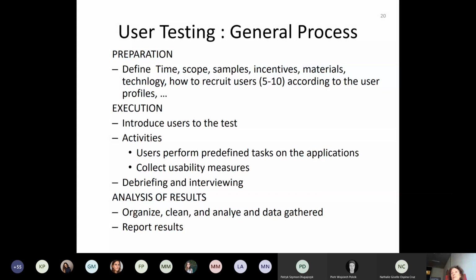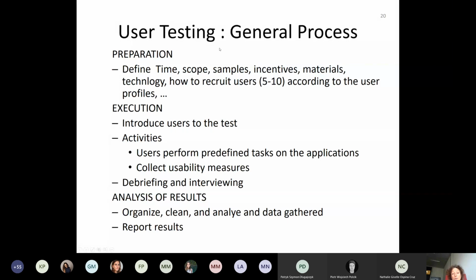Preparing the materials seems to be stupid, but it's important. So define, as part of your design, the materials, for example, the paper sheet that you give to the user, or the form that you want to fill if you make observations.